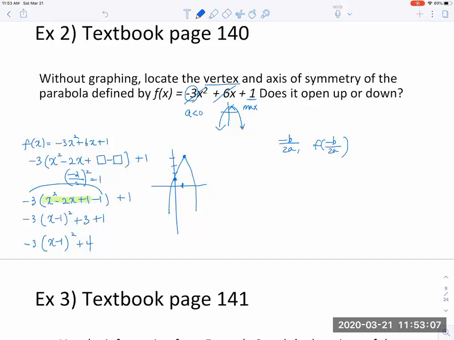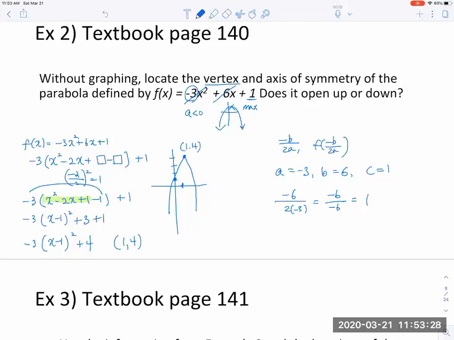Let's double check. A is -3, B is 6, C is 1. So minus 6 over 2 times -3. -6 over -6, which is 1, which is your H. Same thing. 1 comma 4.